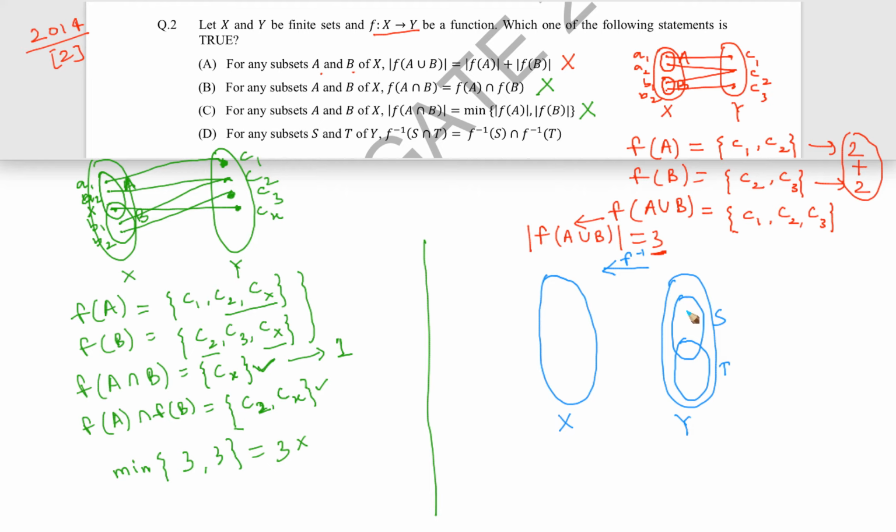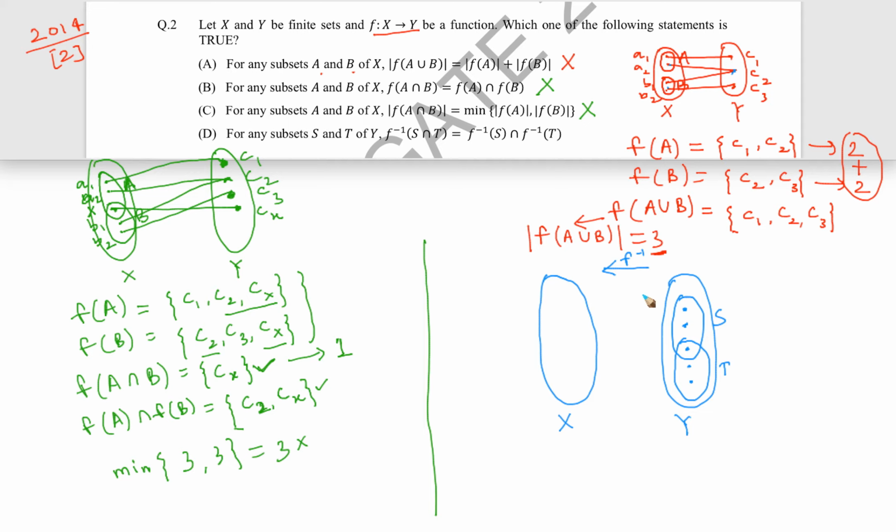So now let's say that there are 3 elements in S and T each, and they have one element in common. Now the thing which we did here, two elements mapping to a single element in the right hand side, we cannot do at this point of time. Why?